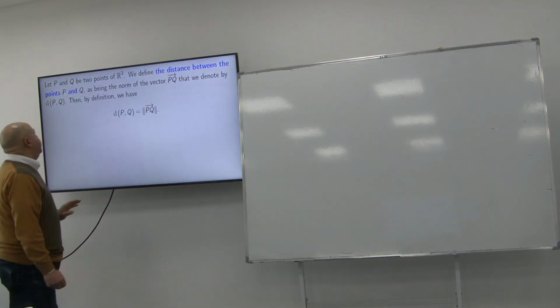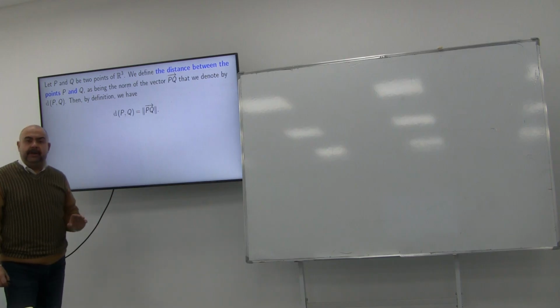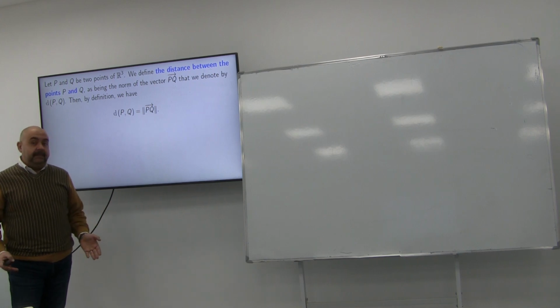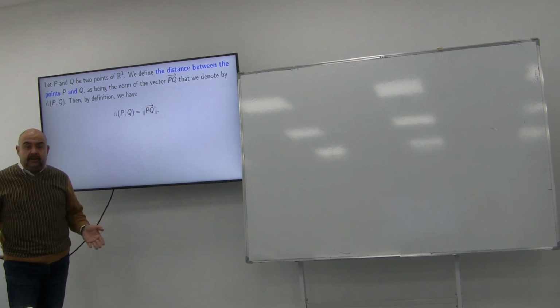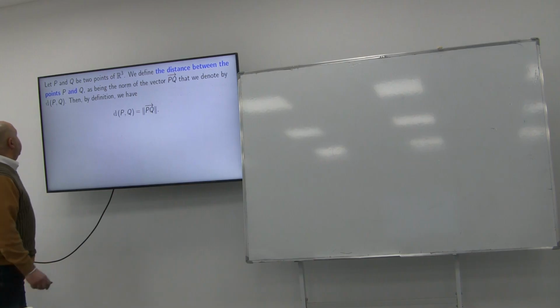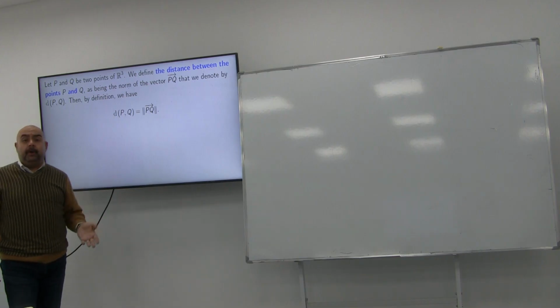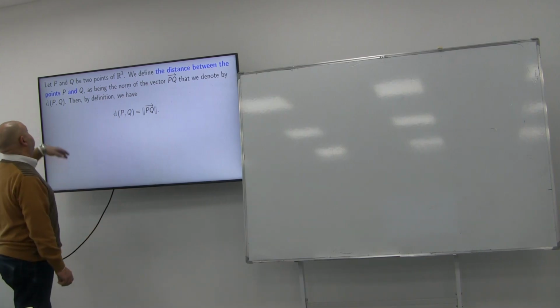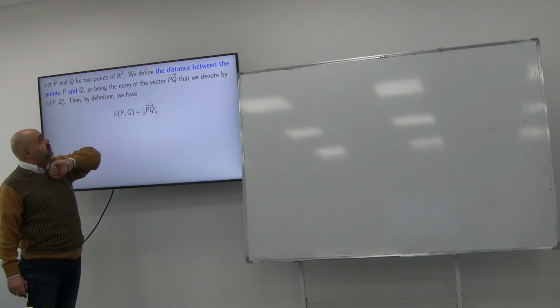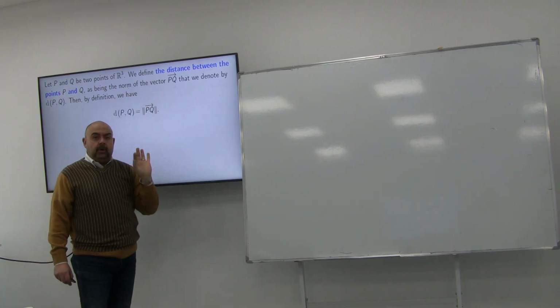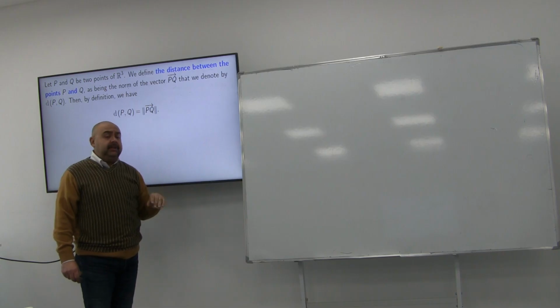Now we'll go through a bunch of information connecting the relation between straight lines, planes, intersections, two straight lines in space, two vectors, and so on. Now for this equation, which is very simple, it summarizes how to get the distance between 2 points in R3. If P and Q are 2 points in R3, we define the distance by the magnitude of the direction vector connecting these 2 points.